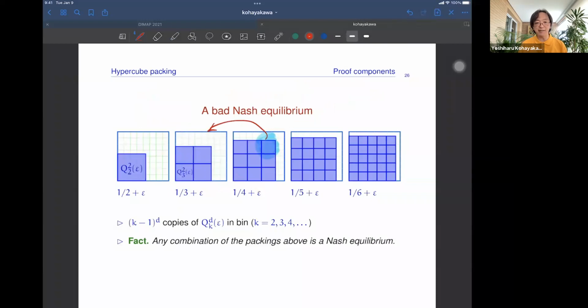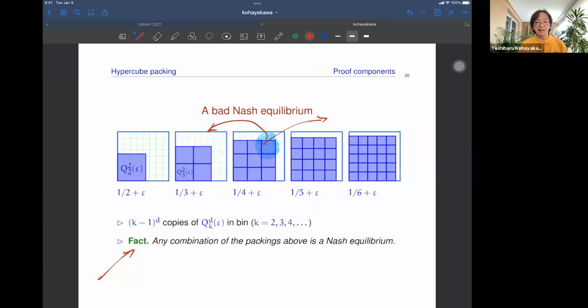You just have to check that if this guy moved somewhere to the left, it would pay more. Yeah, this is some calculation you have to do. And just geometrically, it's clear that this guy has no way to move to the right. So the only possible moves are moving to the left, and when you move to the left, you pay more. So this is a Nash equilibrium. So this is this fact here in the bottom.